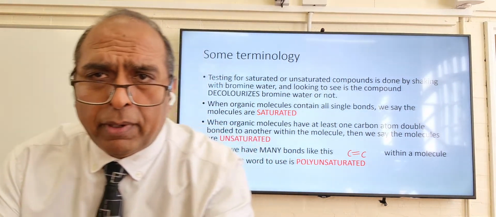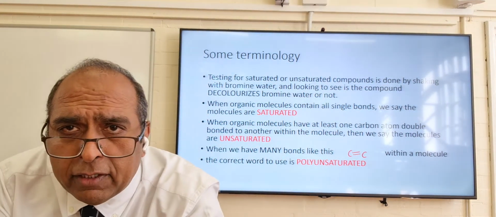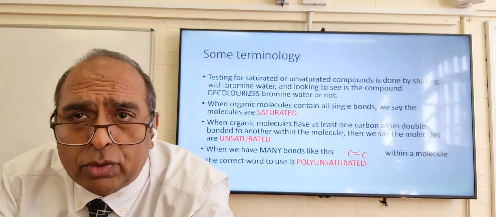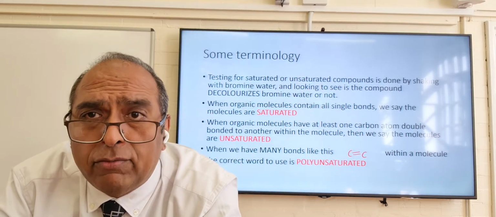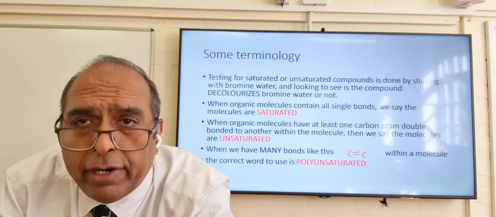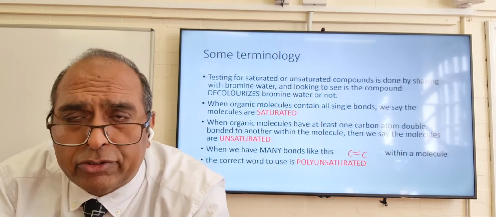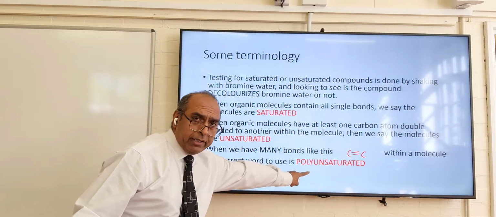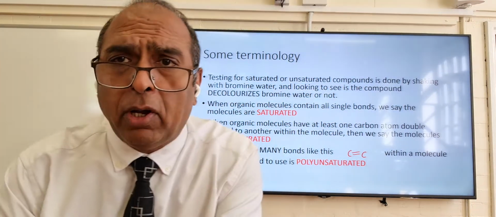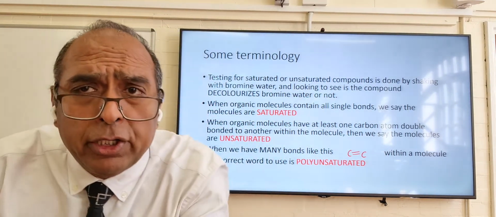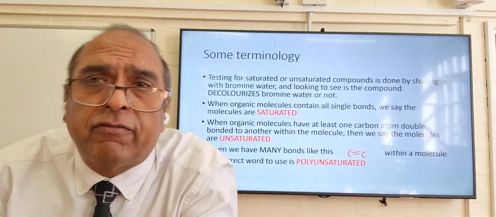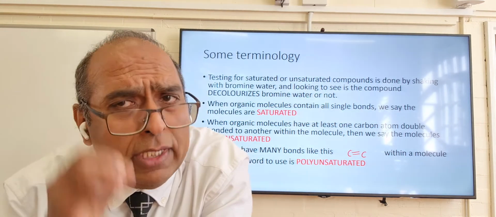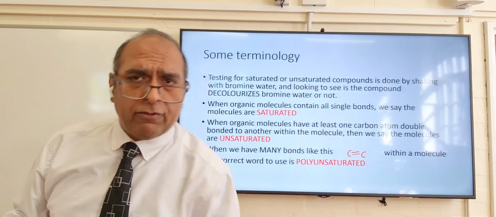And there's another word you've probably come across when you're having your breakfast and you're putting margarine on your toast. If you read the margarine, it'll say rich in polyunsaturated molecules. So polyunsaturated molecules are molecules that contain lots of carbon double bond carbon bonds present.